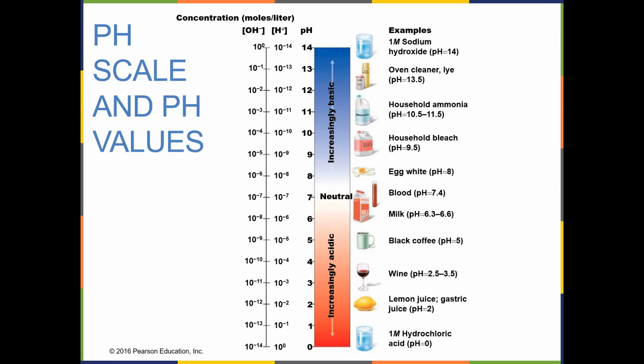Why does CO2 affect our pH level? Because carbon dioxide, when it forms, has to be taken to the lungs. We have to get rid of it. The easiest way to carry it is to form carbonic acid. The CO2 combines with the water in the plasma, forming carbonic acid.